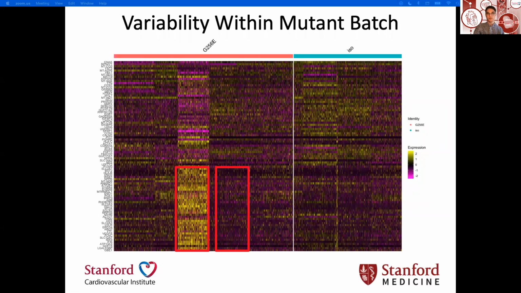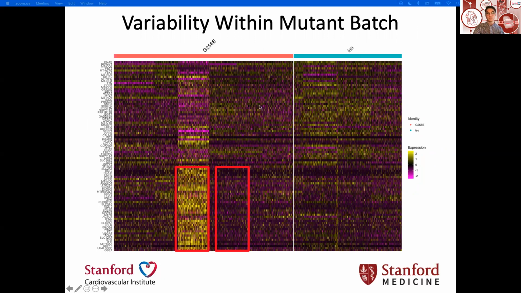Into the bulk of our results, I have this heat map showing the G256E mutant batch and isogenic control. Down the left here are all the genes tested, and each little block across this line, all the way through, are samples.